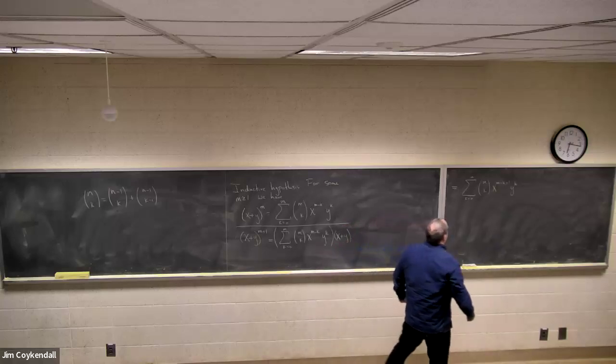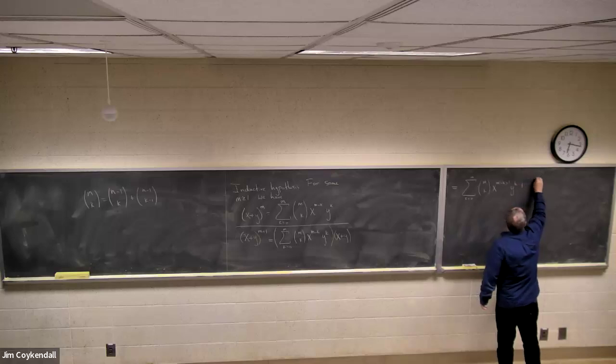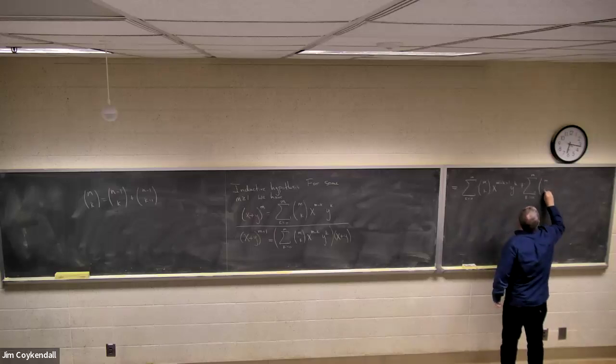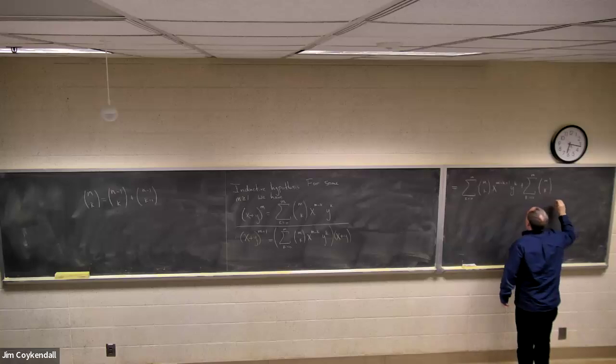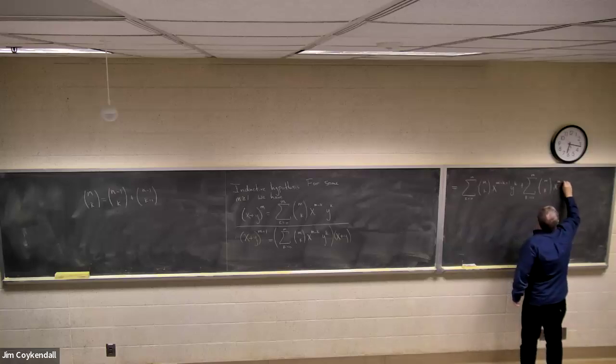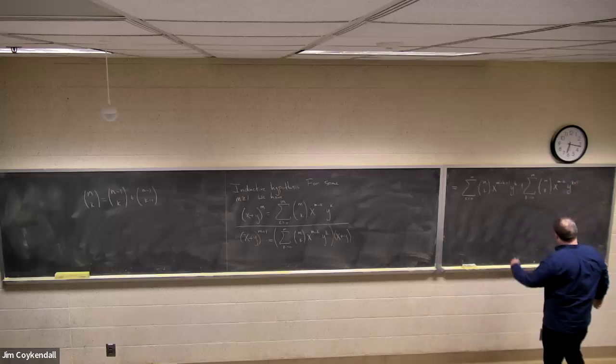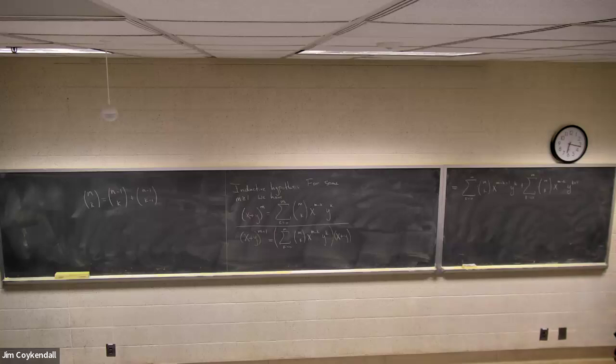Plus, now we're going to multiply y through, so we'll have this other side. And this time, all it does is kick the y term up by one. Now, any ideas on how we might move further down the road with this?